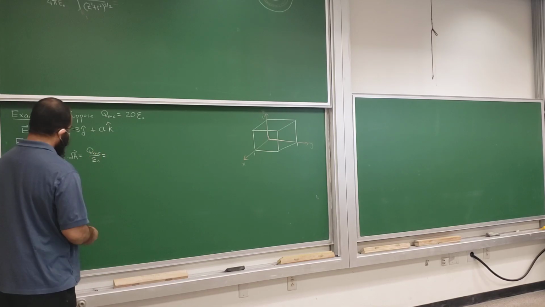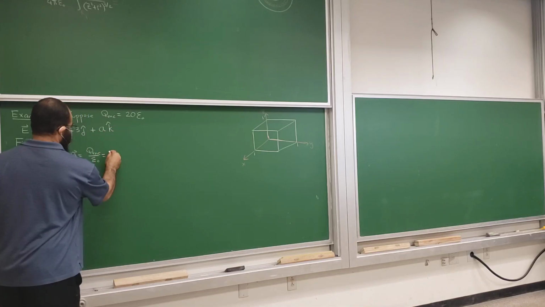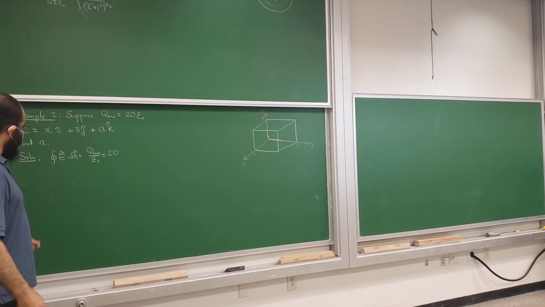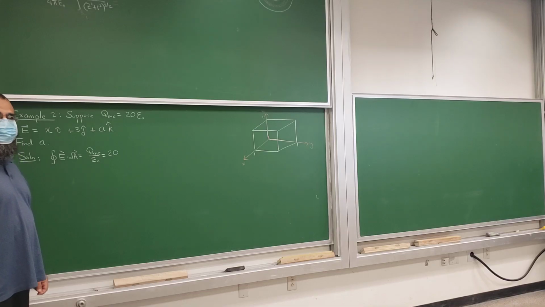Q enclosed is 20 epsilon naught divided by epsilon naught, which equals just 20 in the appropriate units, newton meter squared per coulomb.